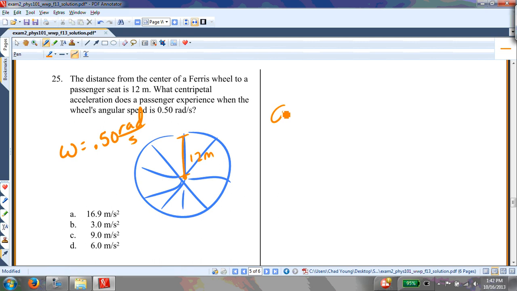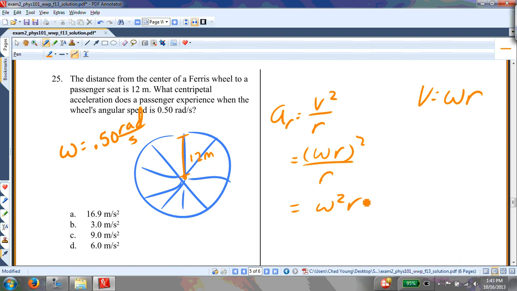All right. Well, my centripetal acceleration, a_r, is equal to v squared over r, but I also know that v is equal to omega r, so I can plug that in. I get omega r squared over r, which is omega squared r. So I have an alternate expression for the centripetal acceleration, omega squared r, and that's equal to 0.5 squared times r, which is 12 meters.